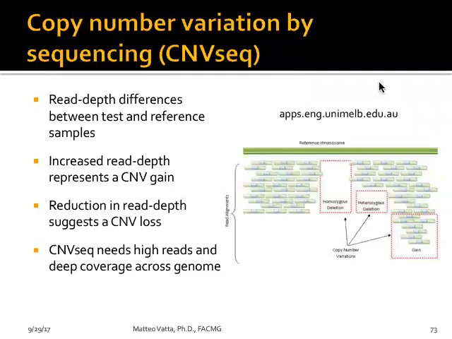So if you have a difference in coverage, where you have more coverage than you should expect at a position, you can have a duplication. Or if you have a deletion, either heterozygous or homozygous.